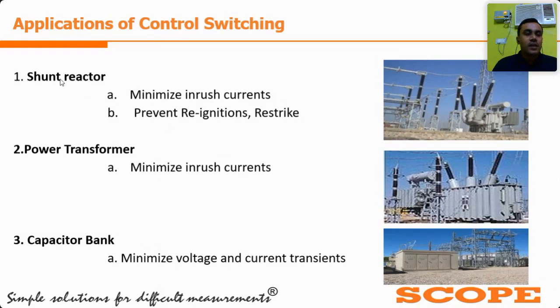Controlled, I mean, if the breaker is not electrically closing at voltage peak, then in closing condition, inrush current will arise, and in opening condition, arc formation will happen. That will damage the breaker contacts along with the bus reactor windings or insulations. To prevent these effects, we generally use CSD.